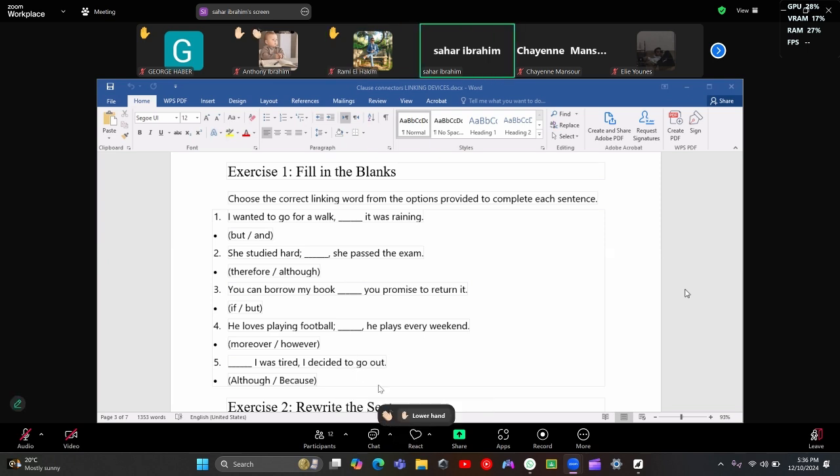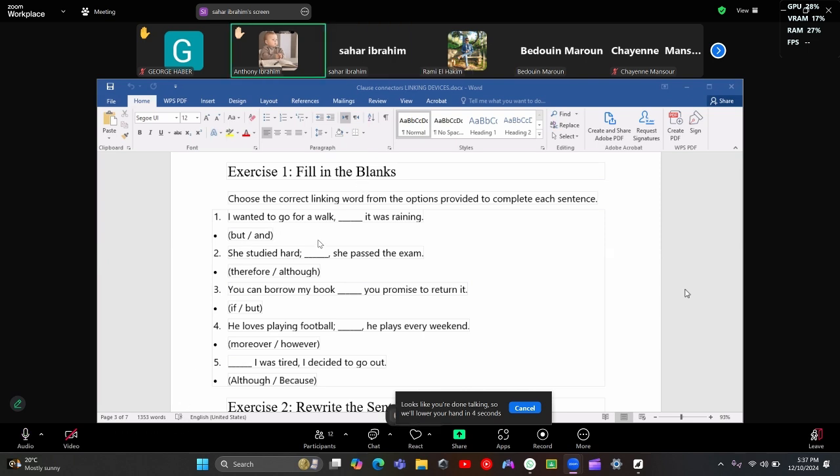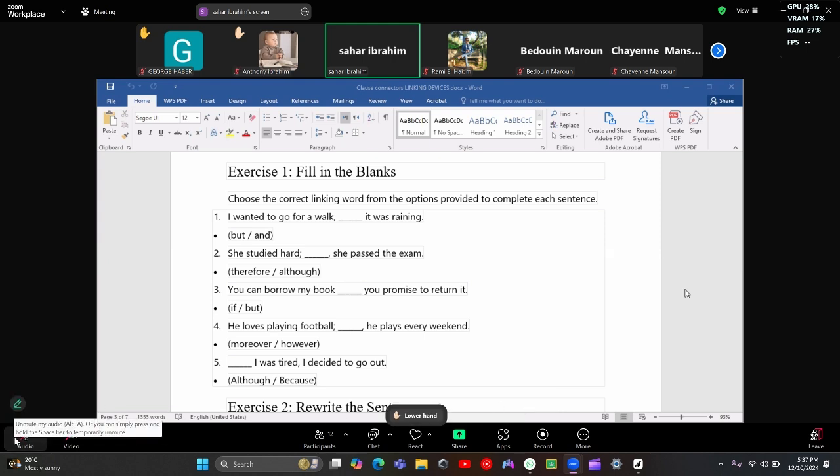And what about but? Does it give an additional idea or contradiction? We have but. Is that reason or contradiction? Contradiction.